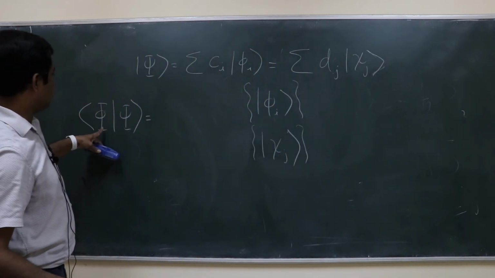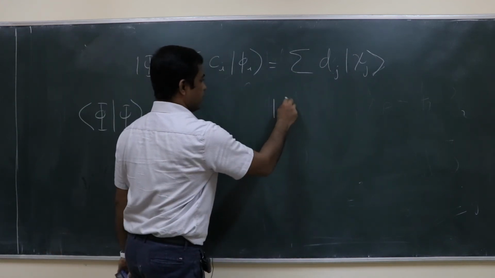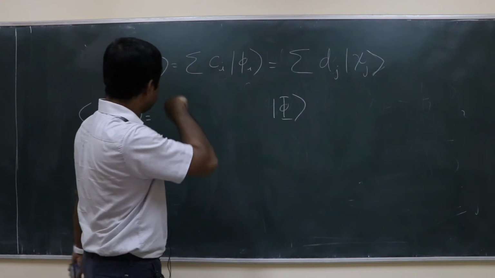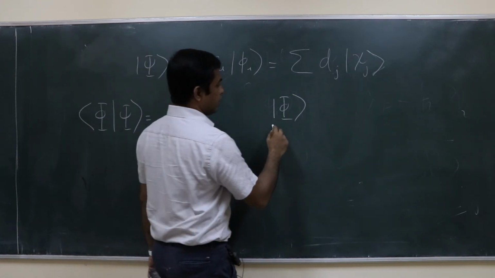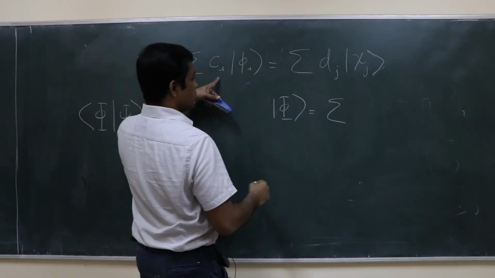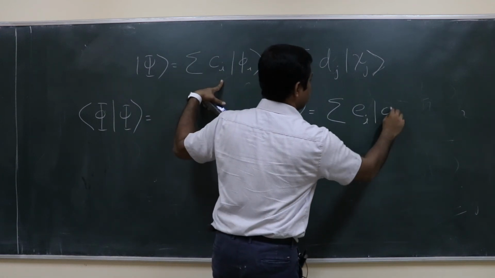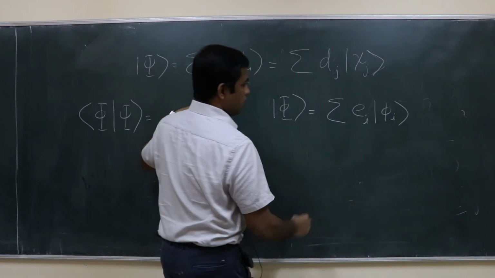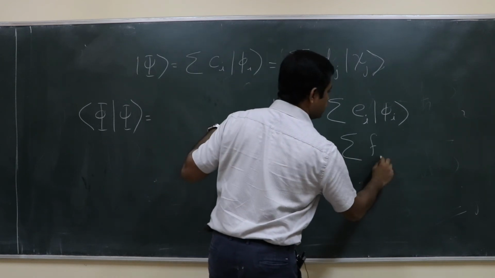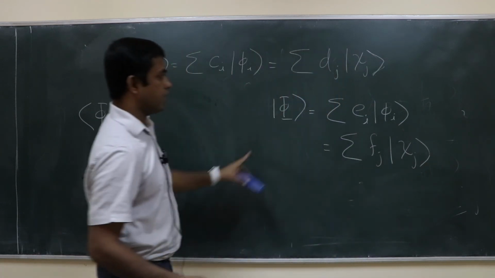The other vector, the phi vector, I can also expand with some other series, say e_i phi i, or I can write it as f_j chi j. So all these things are clear.